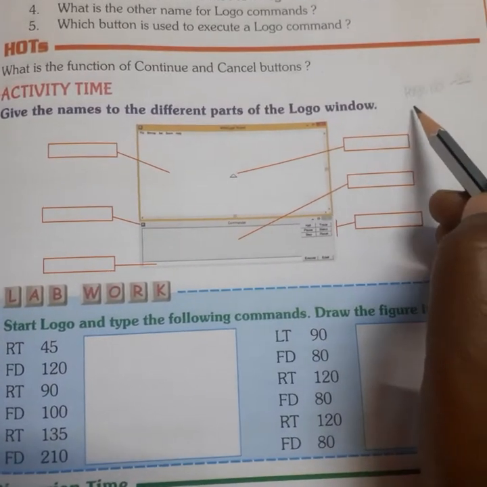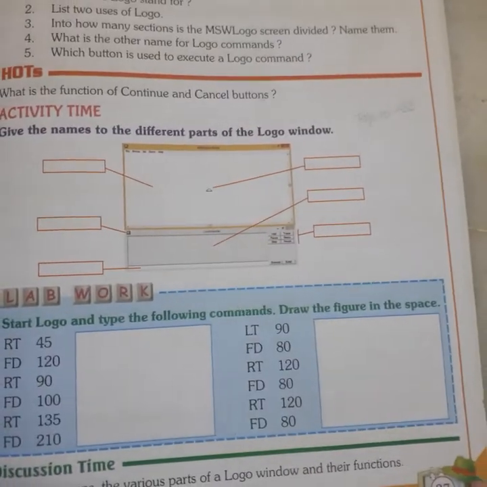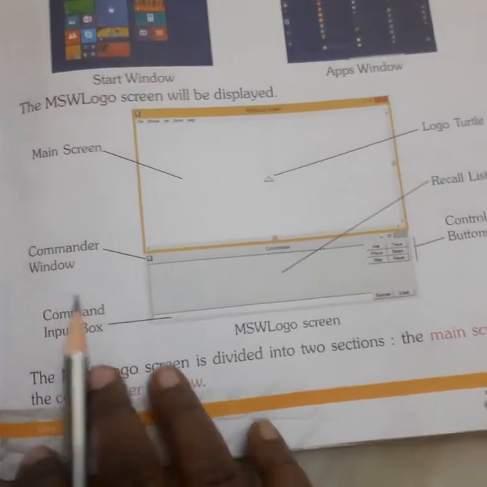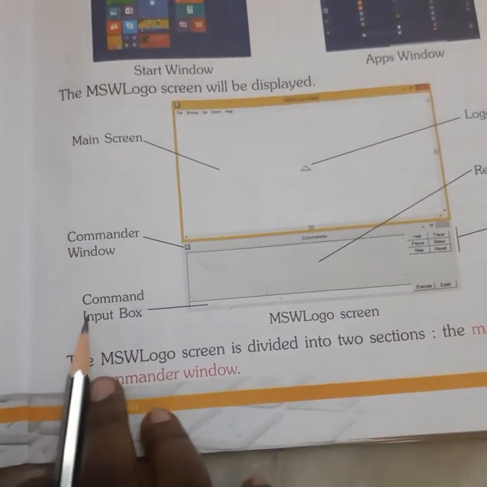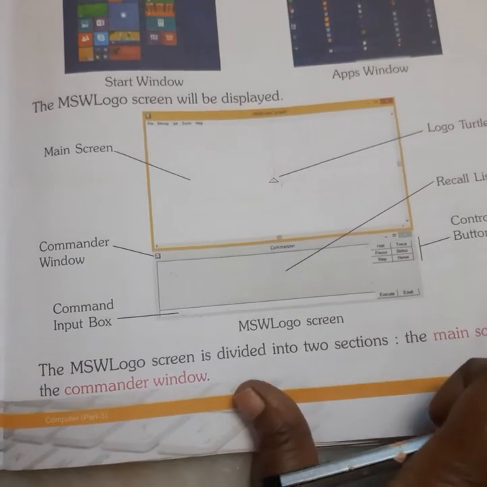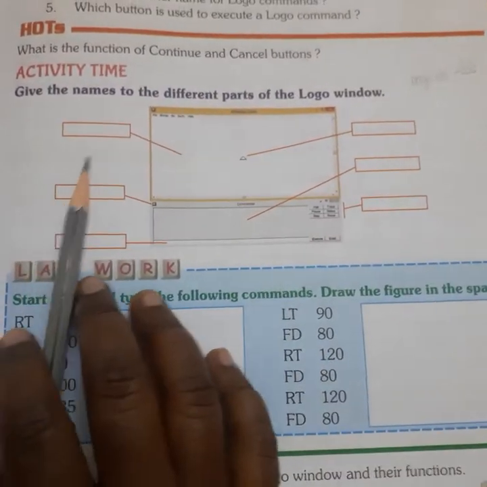See page number 33. On page number 33, the same picture is there, with part names given. But here the same window is given without parts, so without labels.